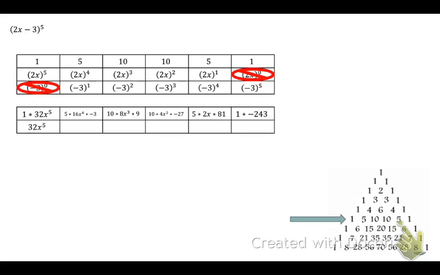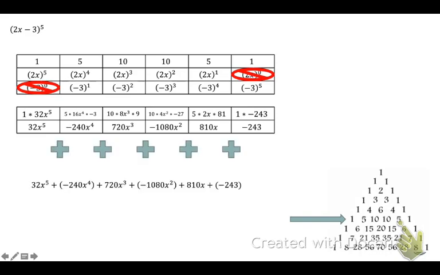Finish multiplying, so that's 32x to the 5th, negative 240x to the 4th, 720x cubed, negative 1080x squared, 810x, negative 243. So that's 32x to the 5th plus negative 240x to the 4th plus 720x cubed plus negative 1080x squared plus 810x plus negative 243.